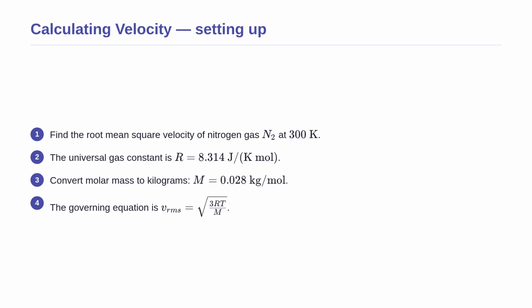The temperature is already in Kelvin. However, we must be very careful with the molar mass. Nitrogen gas is 28 grams per mole, but we must convert this to kilograms per mole by dividing by 1000, giving us 0.028. Finally, we write down our governing equation so we know exactly where to plug in our values.